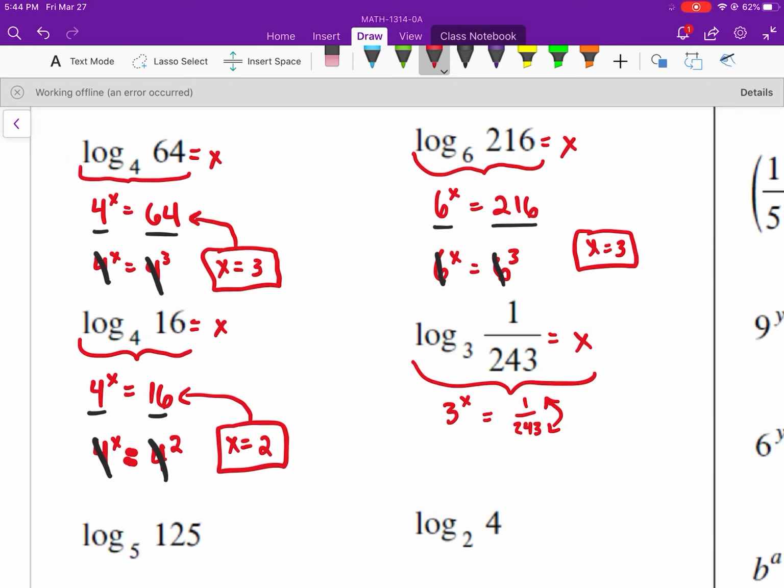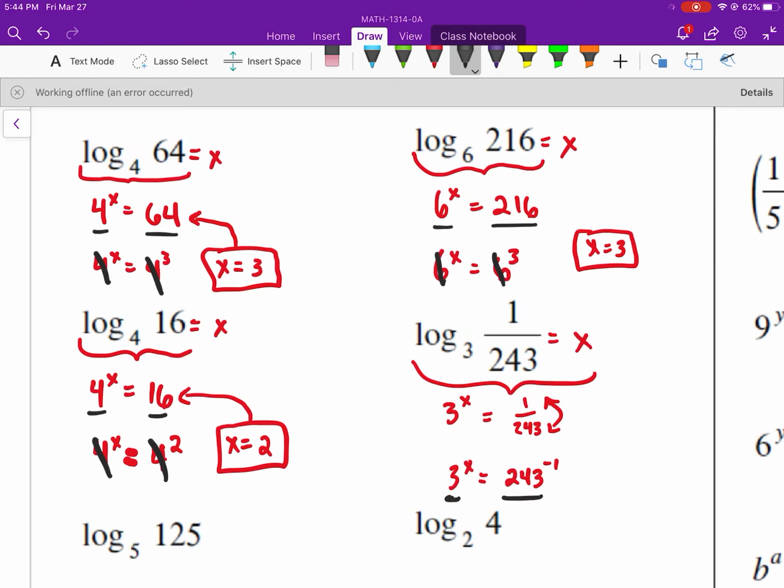Remember I brought that up in class many times. So let's get rid of that, okay? To be able to flip this, we're going to use a negative exponent. So 3 to the x power equals 243 to the negative 1 power, okay? By using that negative exponent, it allows me to flip those fractions, okay?